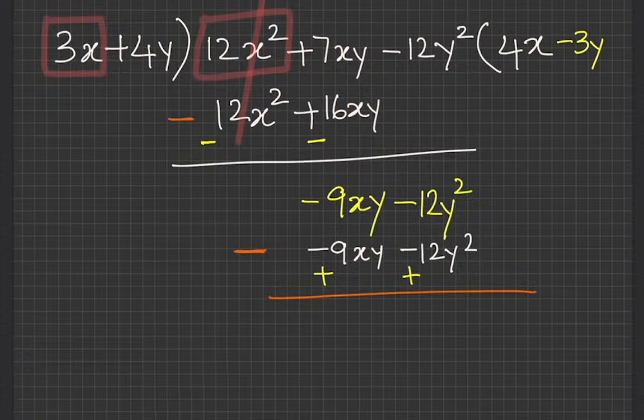Now both of them cancel out. So the quotient is 4x minus 3y. Yeah? Got it? Okay.